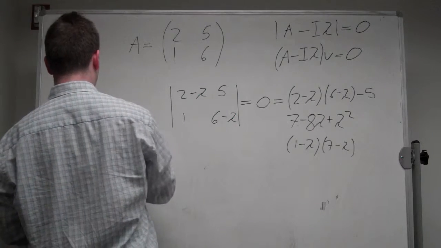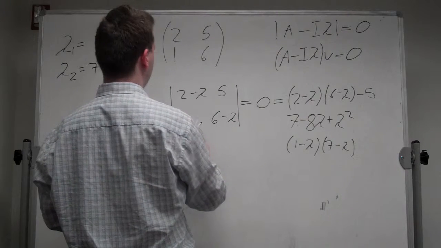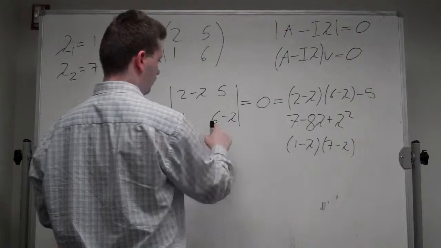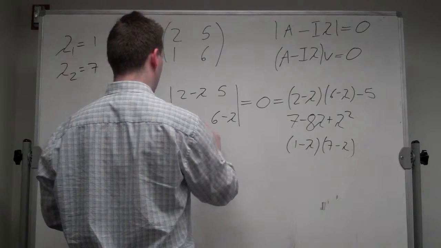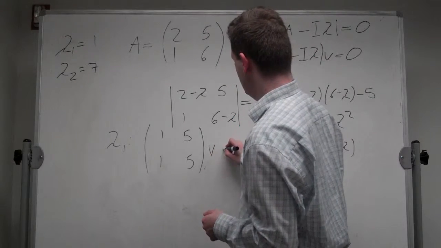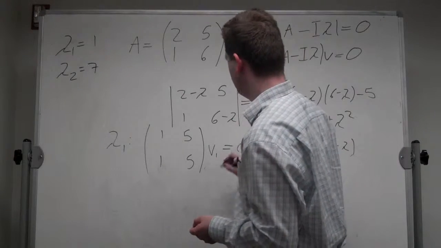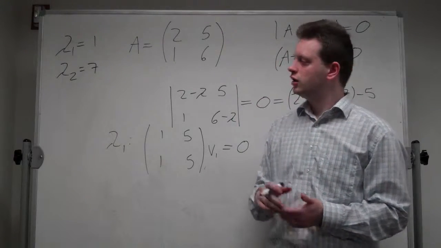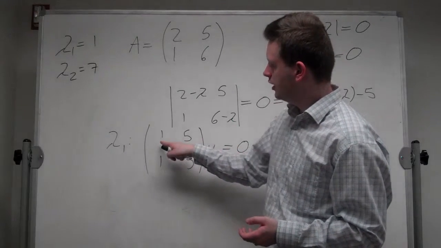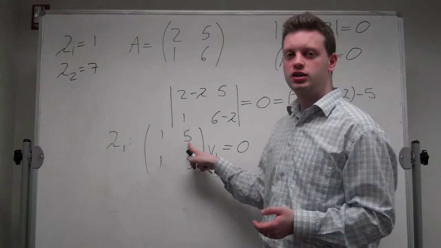So, let's calculate this for the first eigenvalue. The expression we get for lambda 1 will be 2 minus lambda, which is 1, 1, 5, 6 minus lambda is 5. We end up with this matrix times some vector, the corresponding eigenvector, is equal to 0. Now, if you look closely, you might be able to see that this times 5 will give you the same as here.